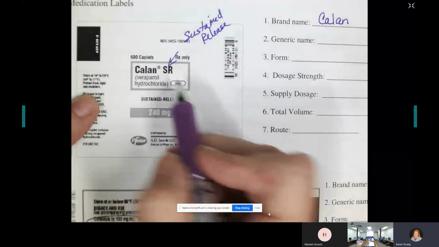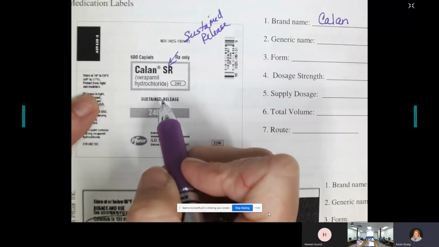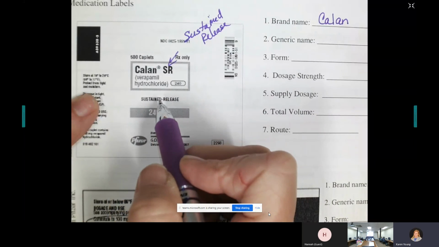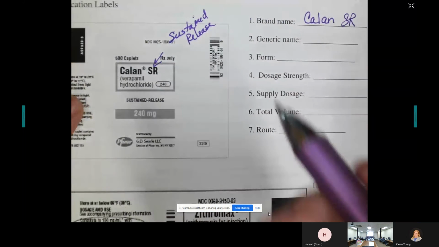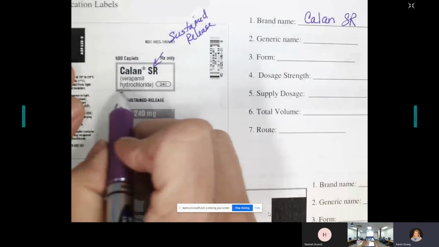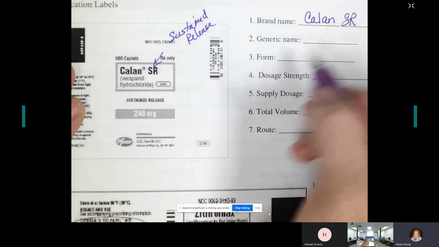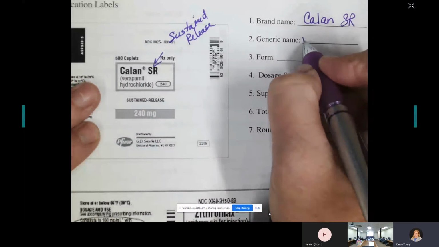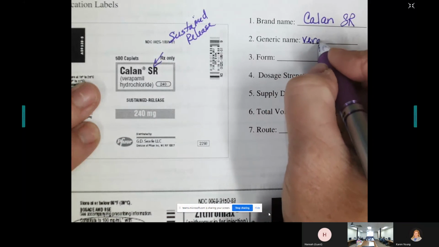Now, I'm not going to put the SR with it because the SR is just the type. I don't know, maybe it is. Yeah, let's go ahead and put the SR. All right, my generic name, if there is a brand name, the generic name would generally be in parentheses. And I cannot say it, so I'm just going to spell it VERAPAMIL.